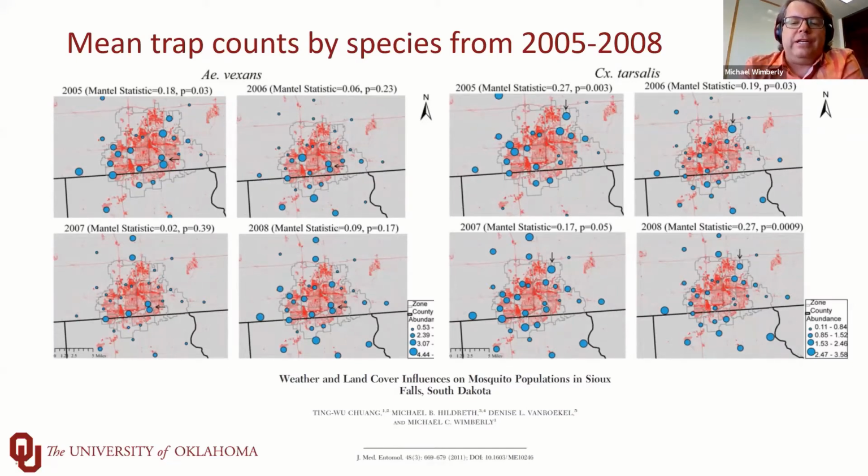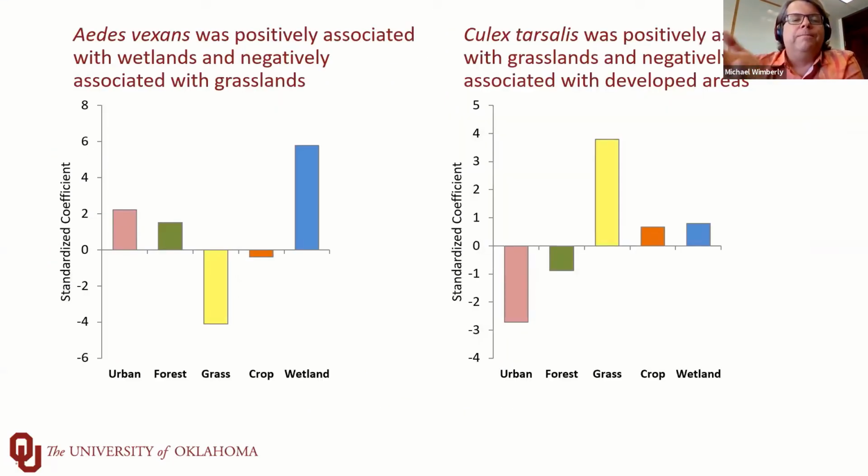So we need to crunch some numbers to look at these relationships. I'm going to skip over the details, but these are the key results. If we can derive some standardized numbers that tell us how strongly each one of these land cover types is associated with each species, it turns out that the associations are really, really different.